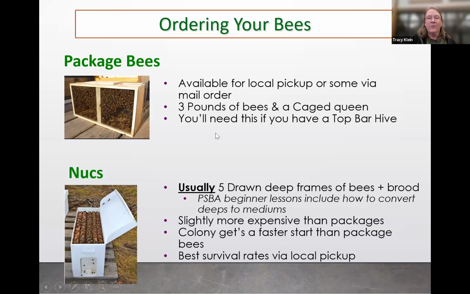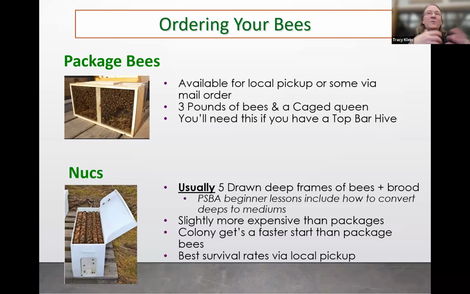Okay, so we're going to move on to nucleus colonies. And for the nucleus colonies, I have bolded and underlined that there are usually 5 deep frames, because now there's a whole plethora of options out there where people have tried to make their nucleus colonies appear less expensive. So they don't give you a full 5 frames.